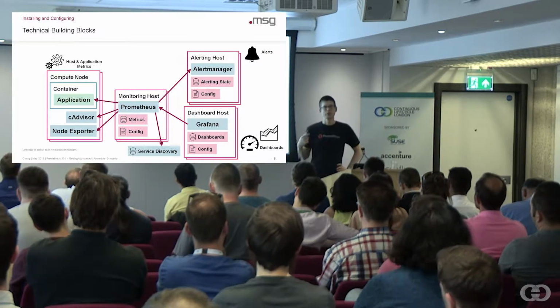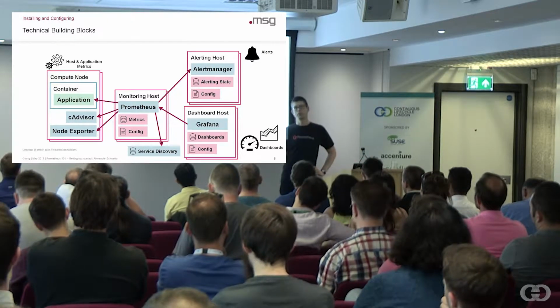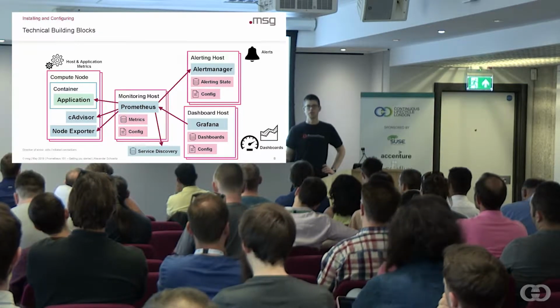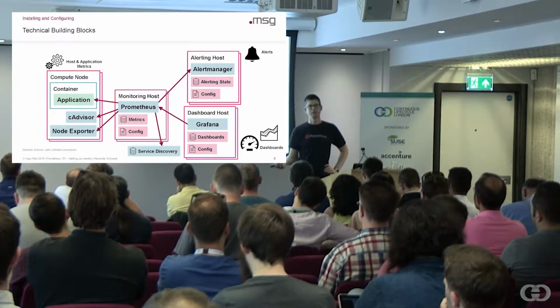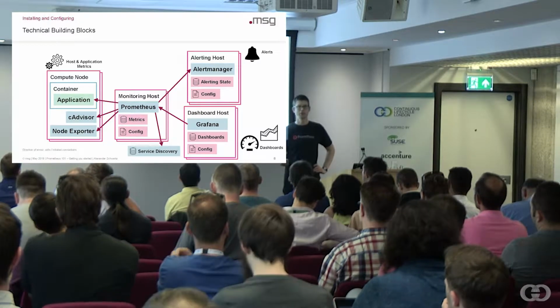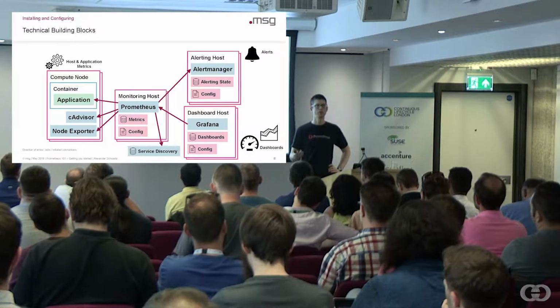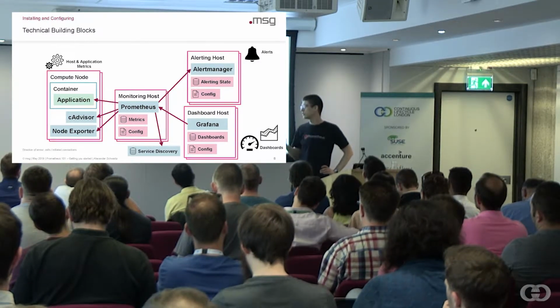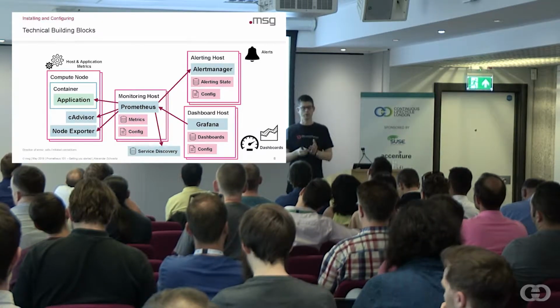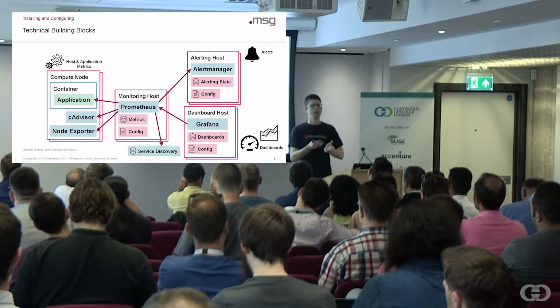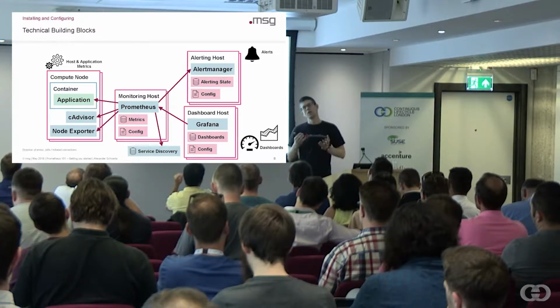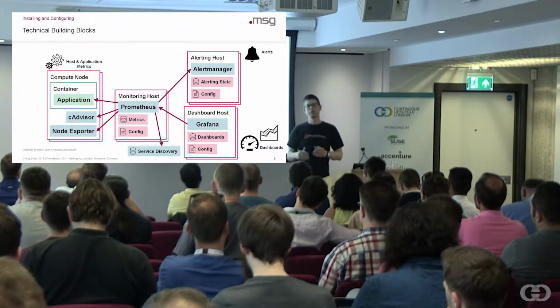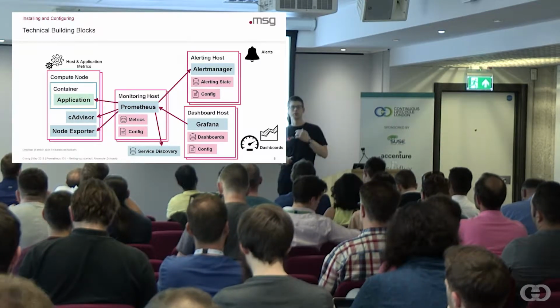And Prometheus will also connect to the application. If it's a Java application, it gets technical information from it, like the memory usage of a Java application. But you will probably also instrument your application to get more insights, starting maybe with URLs being called, but then also on a higher level: how many users actually logged in?